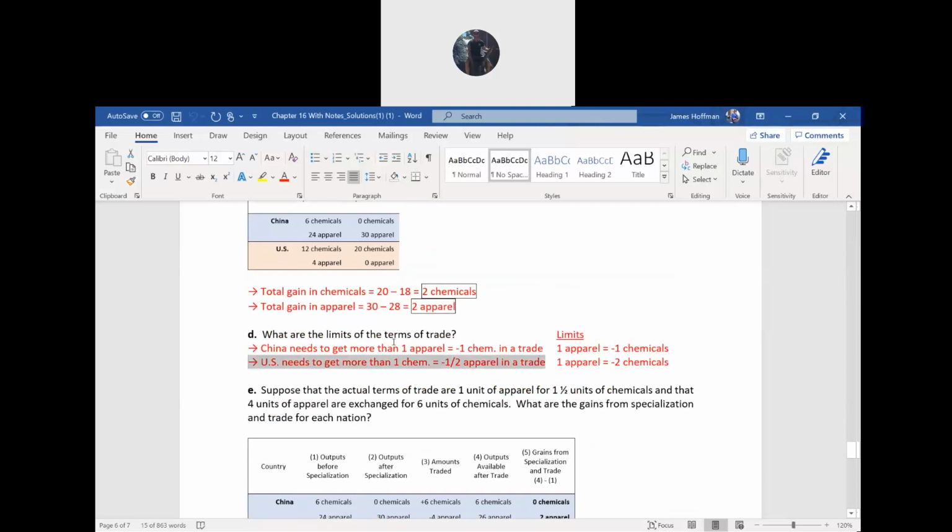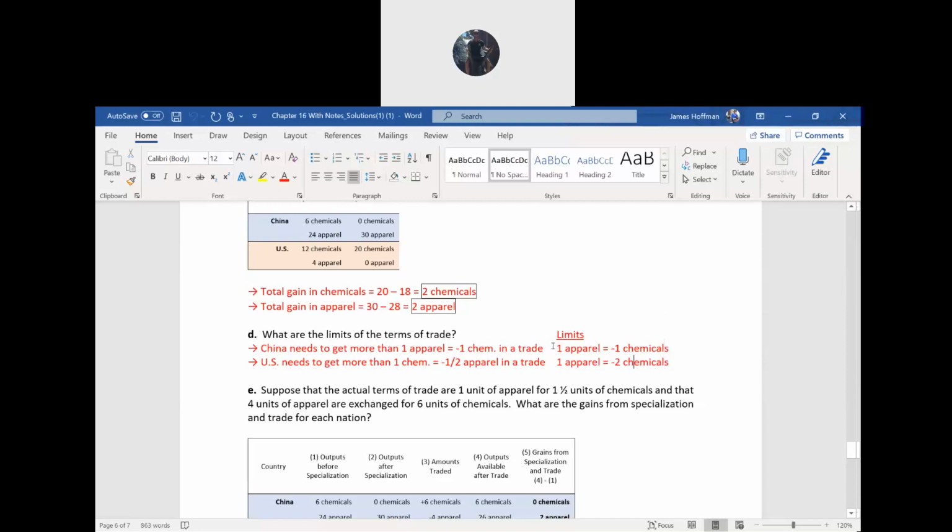Okay, let's put both those exchange rates, if you will, in terms of 1 apparel. So this is already in it: 1 apparel equals minus 1 chemical. And we convert this to 1 apparel equals, multiply both sides by 2, minus 2 chemicals.